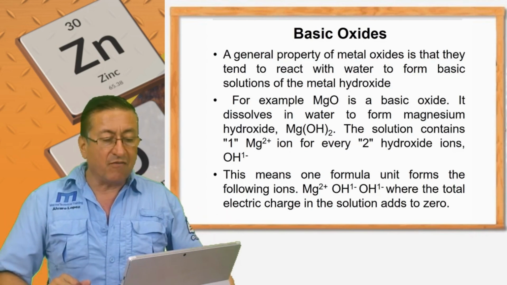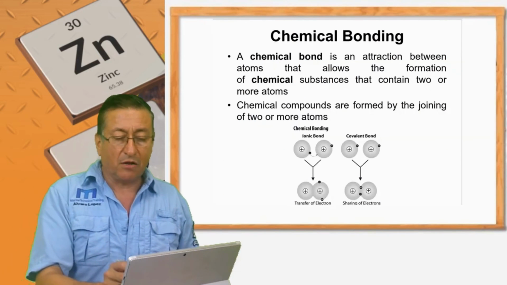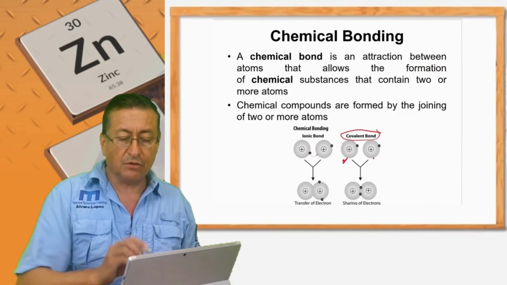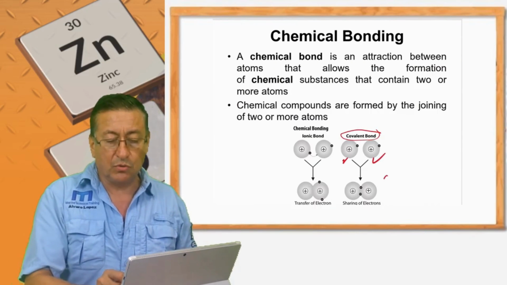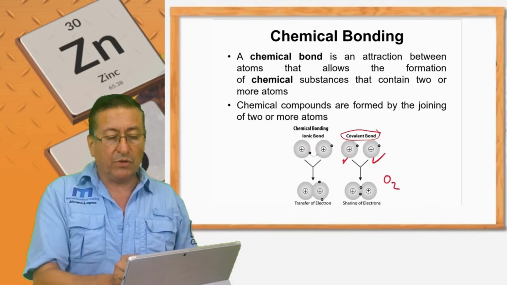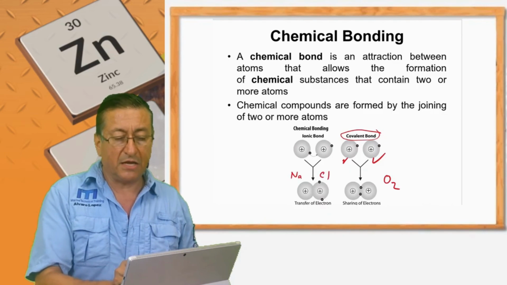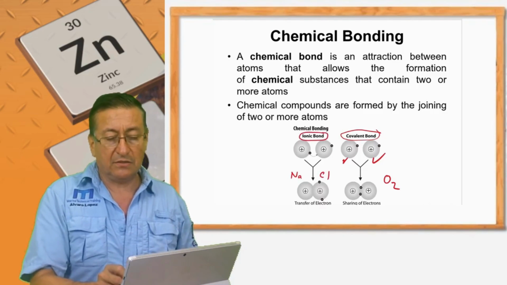And the other one is the covalent bond. The covalent bond is when you have two equal atoms together, for example O2, and when you have dissimilar atoms, for example sodium and chlorine, this is ionic, and this is covalent.